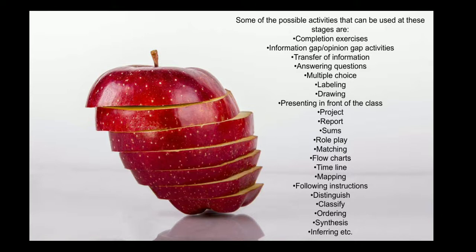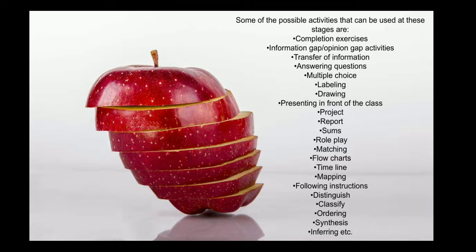Similarly, if there is opinion gap, so one partner in the pair has one opinion and the other has the other opinion, and then they discuss and try to come to some conclusion.